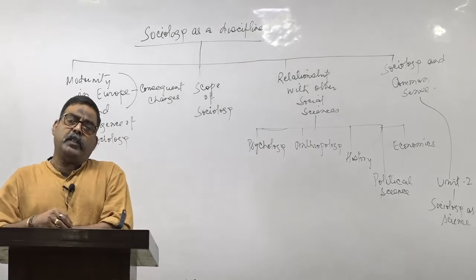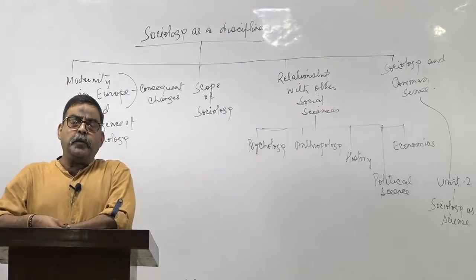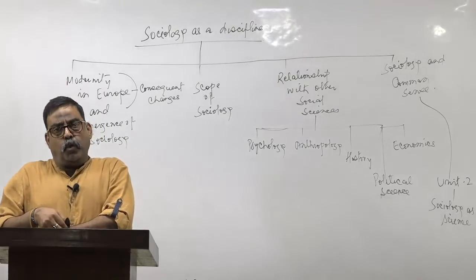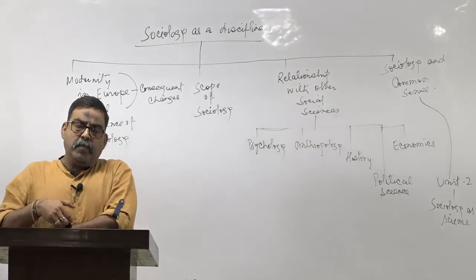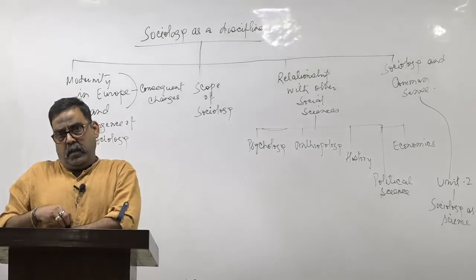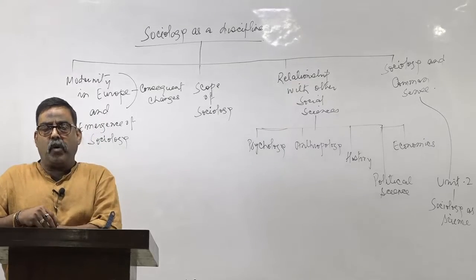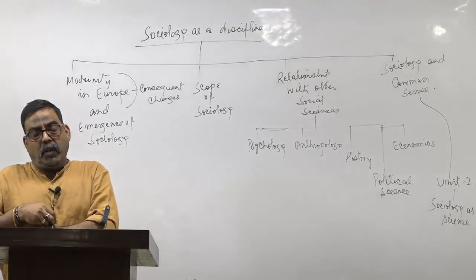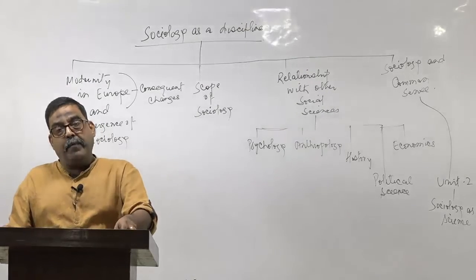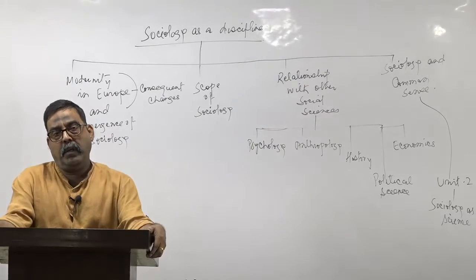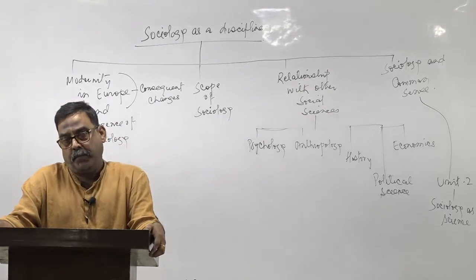Let me first begin with this: when we are looking at sociology, the sociology discipline emerged in 1838, whose foundation was laid down by the French scholar Auguste Comte on the basis of hybrid terms, Latin socius and Greek logos.